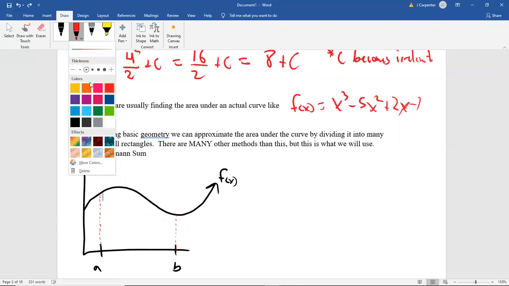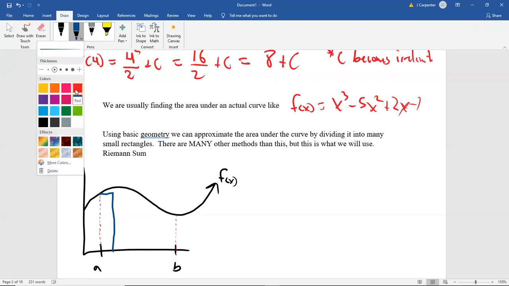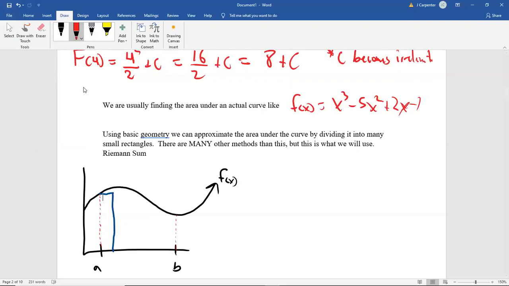So what we do is we divide this up into a number of regions. We'll have a rectangle, let's say this height here, and I'm going to try and make this as even as I can. I'm going to make them pretty wide. So here's your first rectangle, and then your second rectangle, and I'm going to change the colors each time.